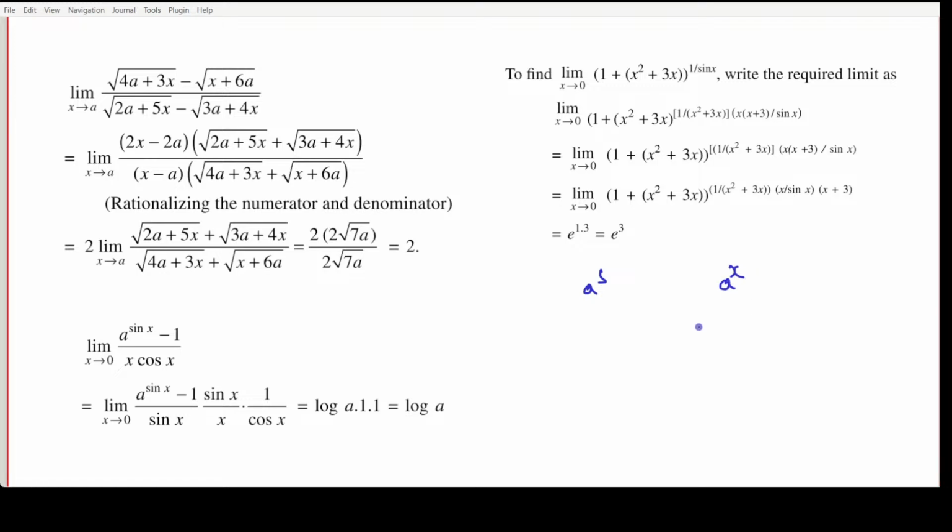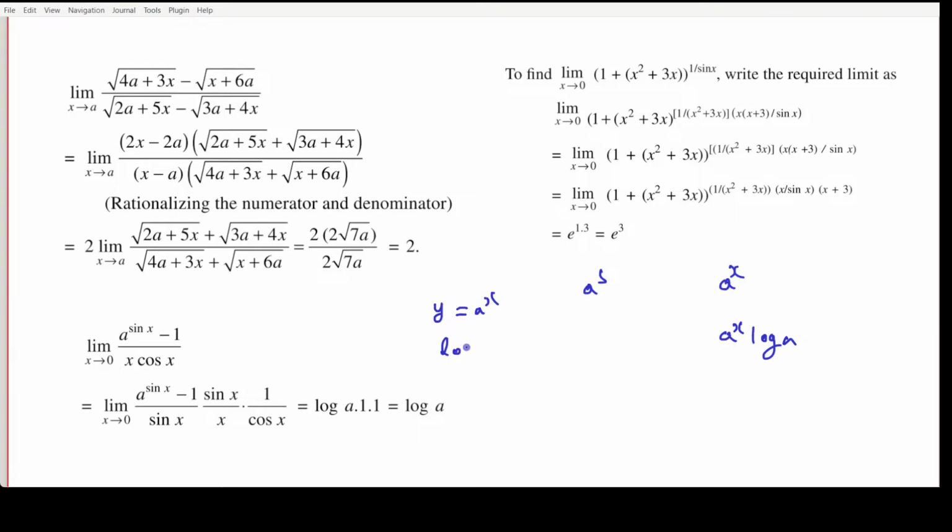If you want to differentiate, how will you do it now? Tell me. So it becomes x log a. Sir, shouldn't it be x log a? No, it is not x log a. It is a power x log a.